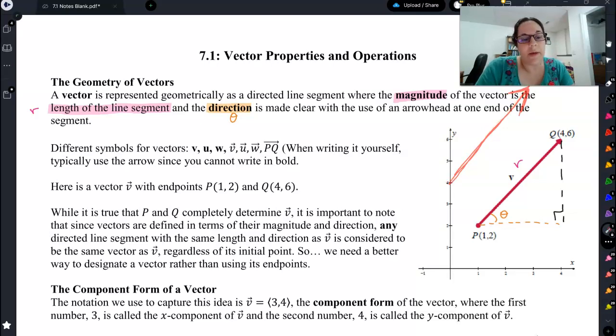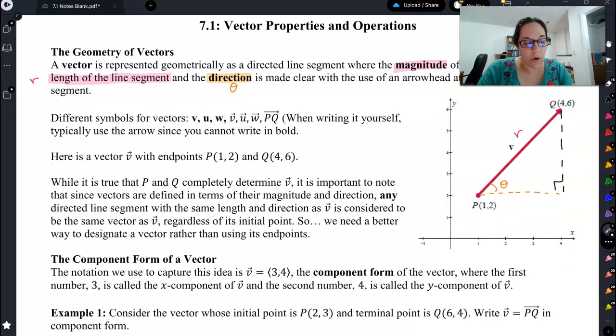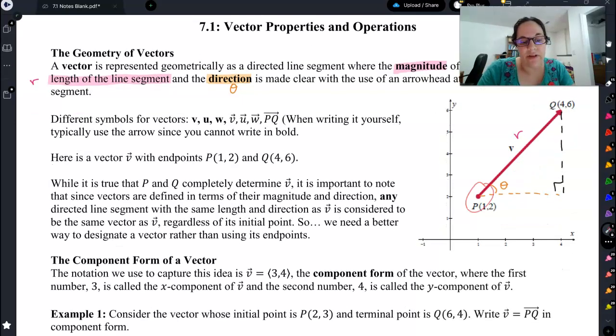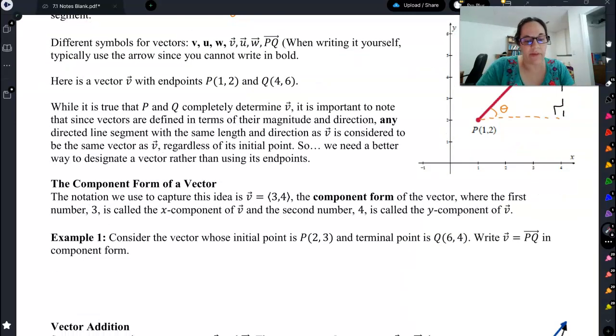So it doesn't really matter where a vector starts. All that matters is the length or the magnitude and the direction or the angle. Magnitude and direction. So instead of talking about where a vector starts and ends, because that's not important, we instead talk about the vector in terms of its component form.